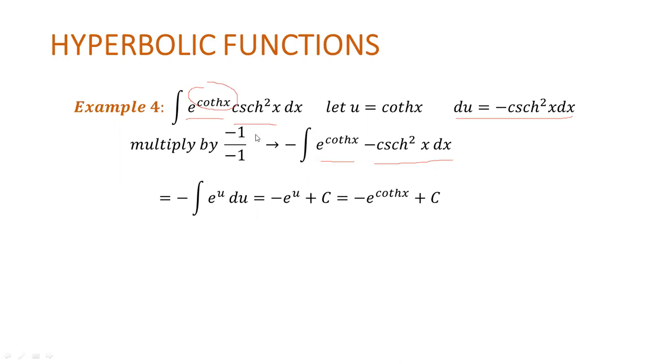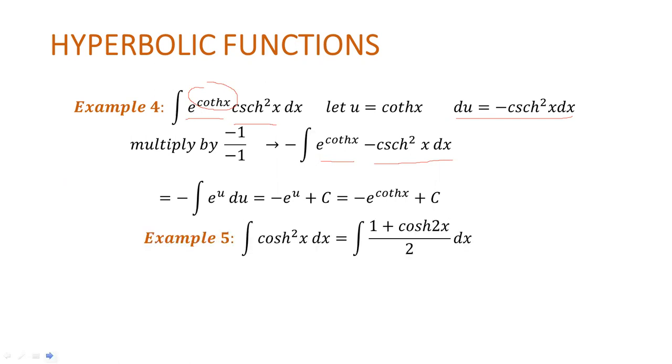So in this case, class, in example 4, you're not integrating a hyperbolic function, but rather you are integrating an exponential function which has an argument which is hyperbolic in nature. So actually, it's not the integral of a hyperbolic function, but an exponential function.